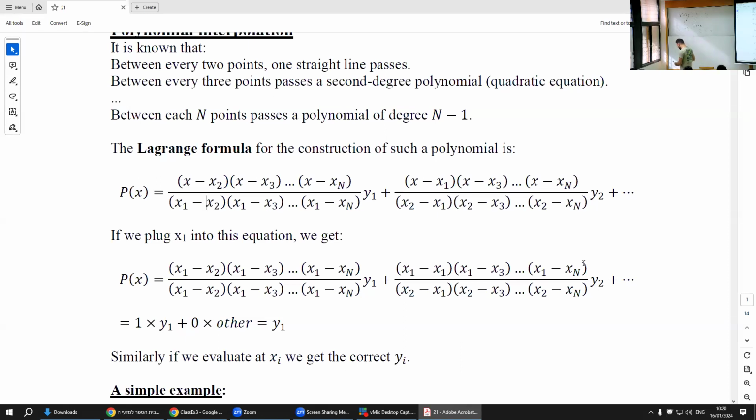For example, if I measure some particle's location, and this is the axis of t, and this is the axis of x, and I see that at this t it was here, at this t it was here, at this t it was here, at this t it was here, here. So what can you say? Someone can say, it seems to me that it doesn't make any movement.